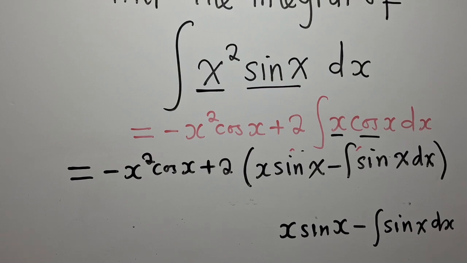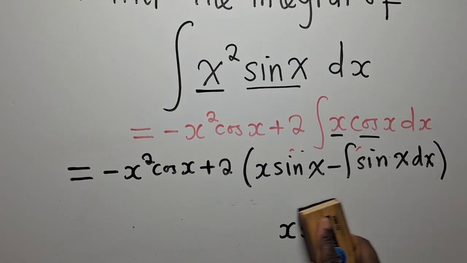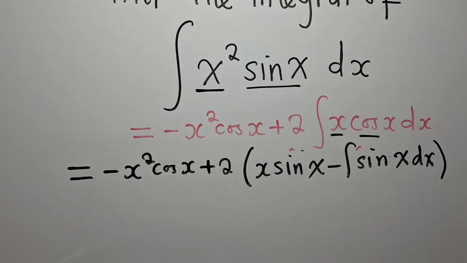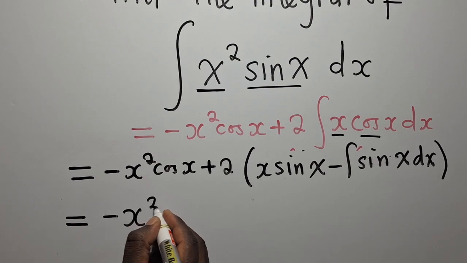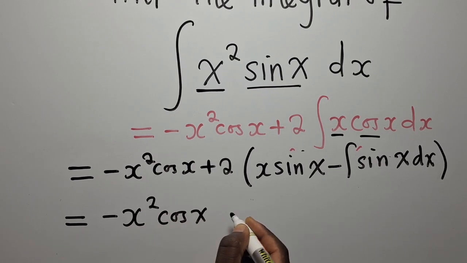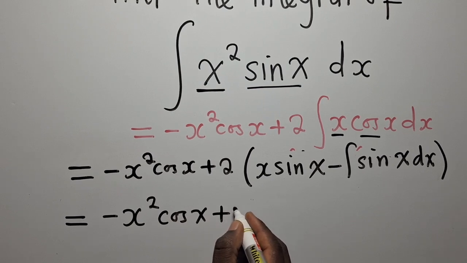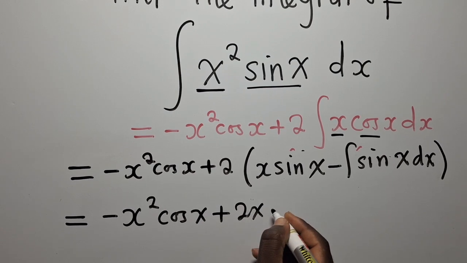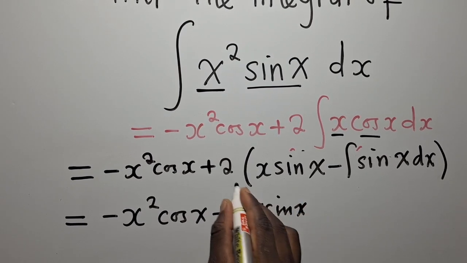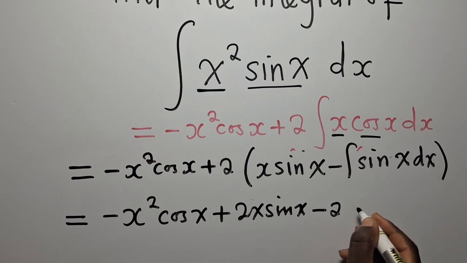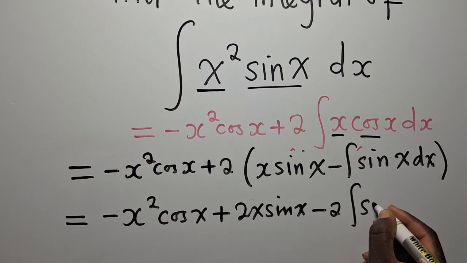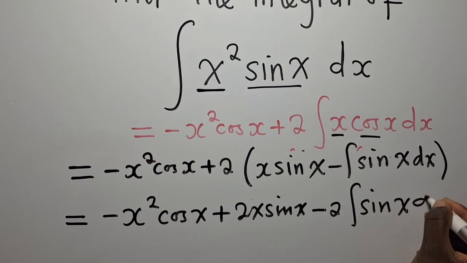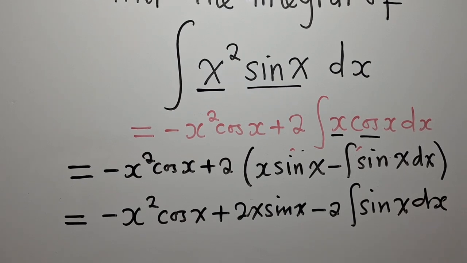So that's it. So now from this stage, of course, we shall say equal to x power 2 cos x times, plus 2 times x sine x, it's 2x sine x. This and this will give us negative 2 integral of sine x dx. Okay? I guess you're following.